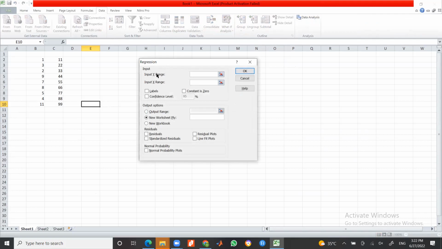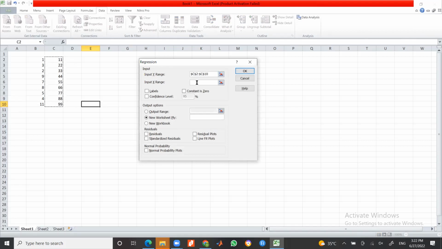Then we have this box. In the first box, we have input Y range. We must write down what the Y values are. As you see, Y starts from here to where? We just select them all. These are the Y data.